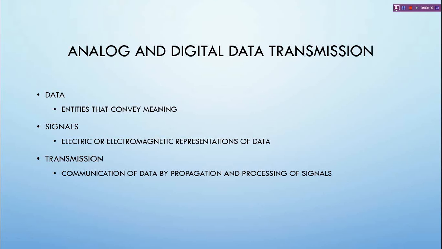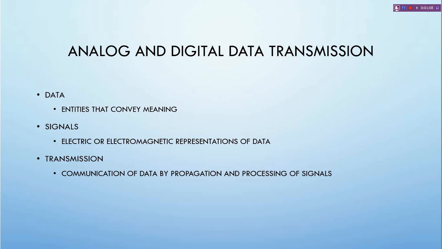So first of all, what is data? Data means an entity that gives some meaning or fact, and signal means the electric or electromagnetic representation of that data.